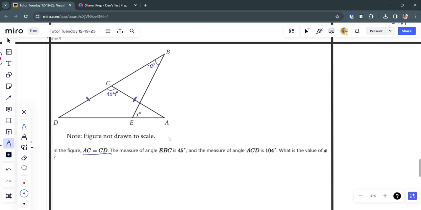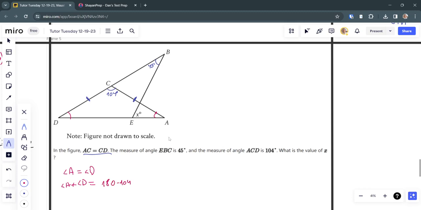Okay, well, knowing that those sides correspond to each other, these two angles are also the same, which we can call angle A equal to angle D, and angle A plus angle D should be equal to 180 minus 104, because the sum of the three angles in a triangle is 180.